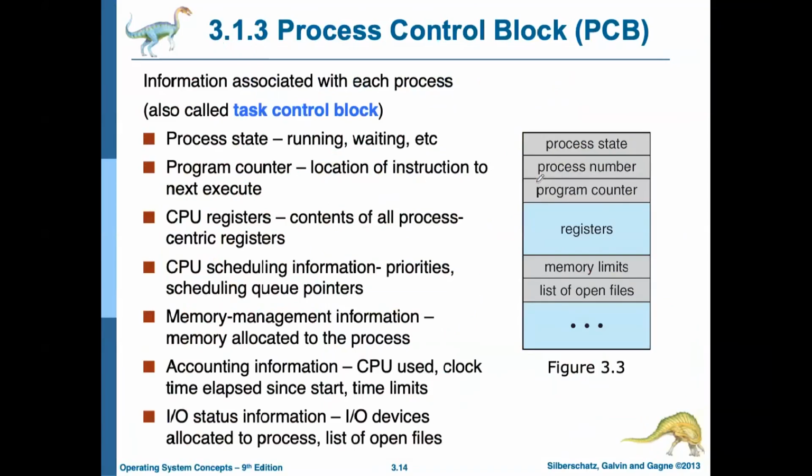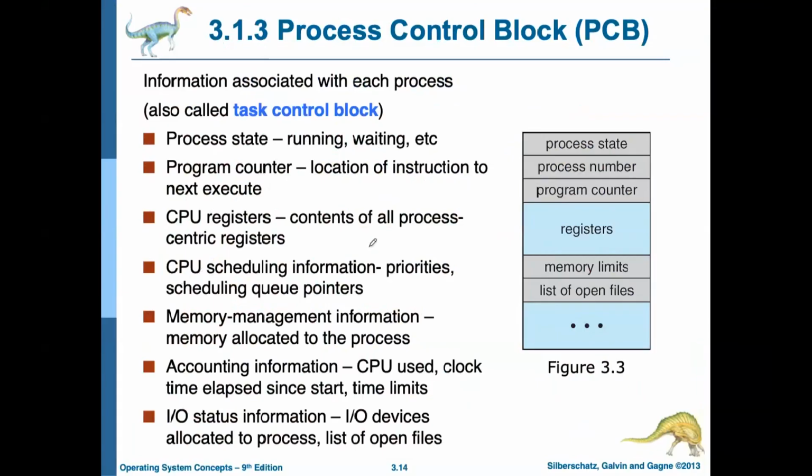PCB or process control block. Information associated with each process, also called task control block. CPU state: we got running, wait, and many more. Program counter is the location of the instruction to execute. CPU registers are the content of all process-centric registers.